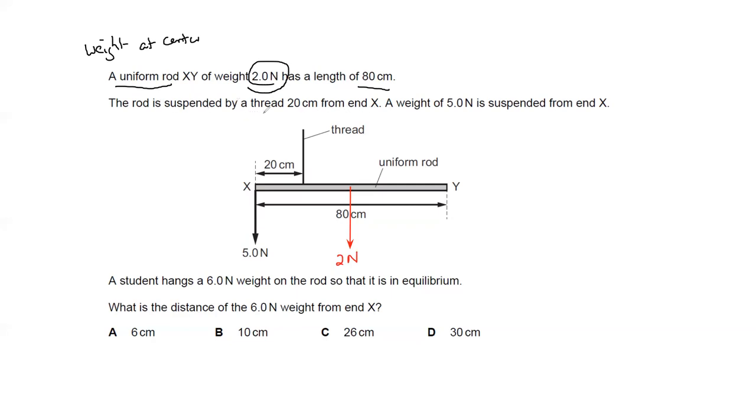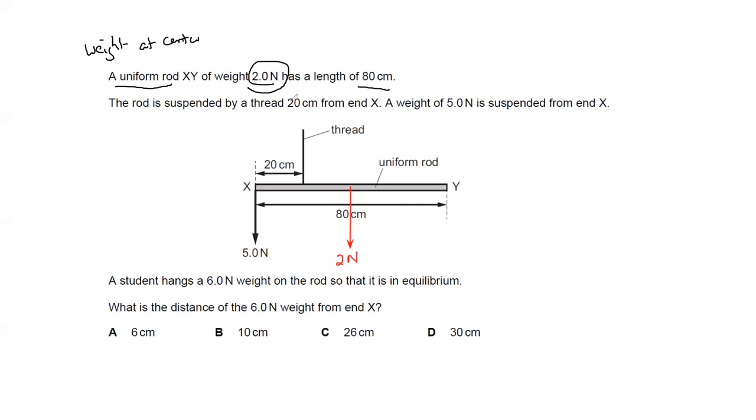A rod is suspended by a thread at 20 centimeter from end X, and a weight of 5 Newton is suspended. So we attach a weight of 5 Newton. A student hangs a 6 Newton weight so that it is in equilibrium. What is the distance of the 6 Newton weight from end X?